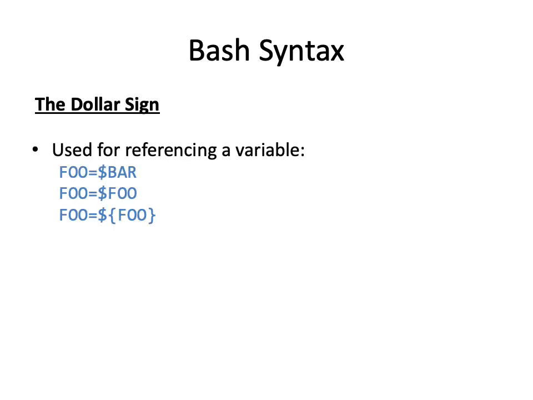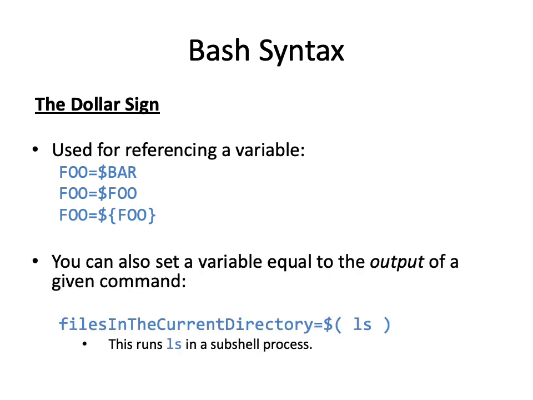Now what's up with the $? That's kind of funky. The $ is used for referencing a variable, like we saw. So foo can be set to the value of bar, foo can be set to the value of itself, foo can be set to the value of itself a different way, using the curly braces. But you can also set a variable equal to the output of a given command.